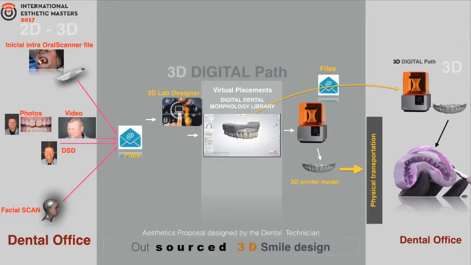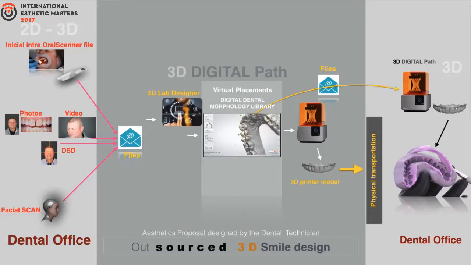You choose the best morphology for each tooth, even from a different model, and position the veneers according to the desired outcome. Here the technician does the same thing, but digitally.